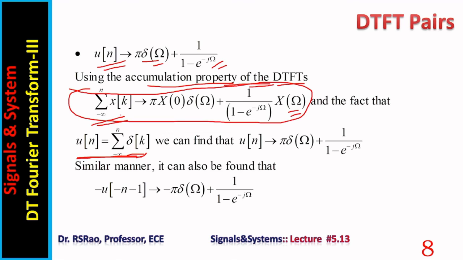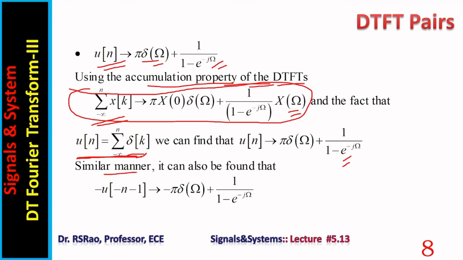Using accumulation property and the connecting relation between step and delta, one can simply write down DTFT of u of n as pi delta of omega plus 1 by 1 minus e power minus j omega.